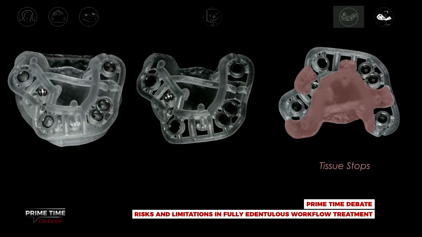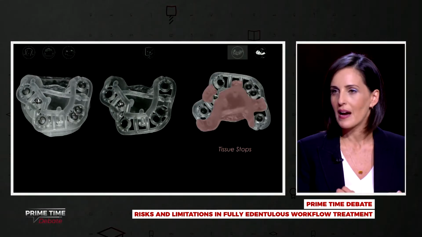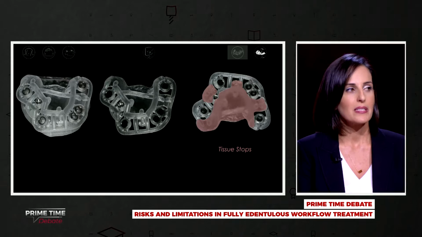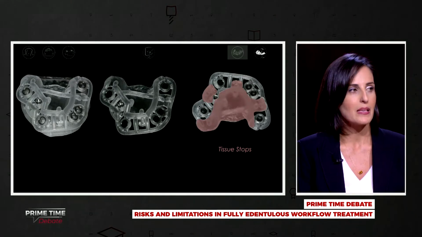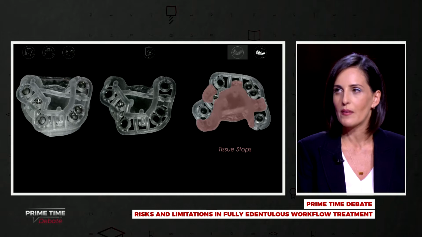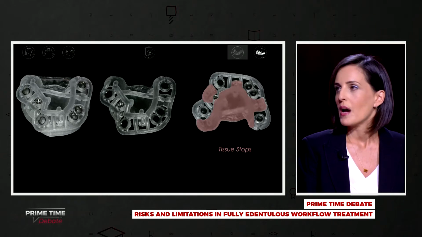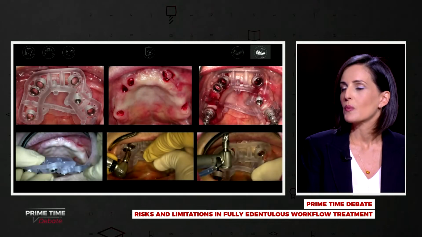In cases where I use an open tray that is not totally covering the ridge, I can use selective tissue stops that help me stabilize the guide on the soft tissues, but still leave me some room for flap elevation and some manipulation of the soft tissue. So we can use that as well.